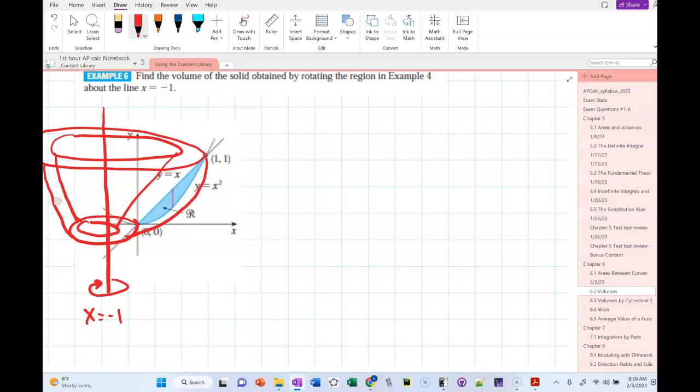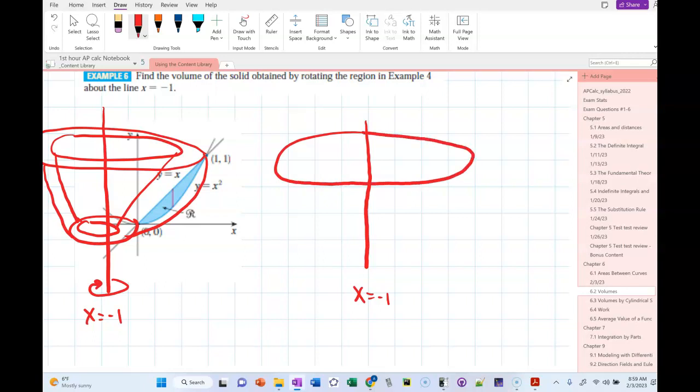Everybody's okay with that? So if we draw this kind of away from things, this is x equals -1. Then we have our, I guess we should do it like that, right?